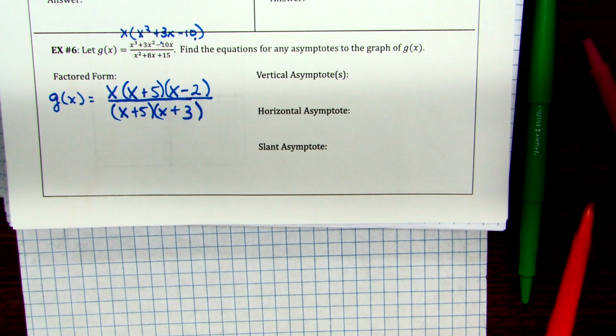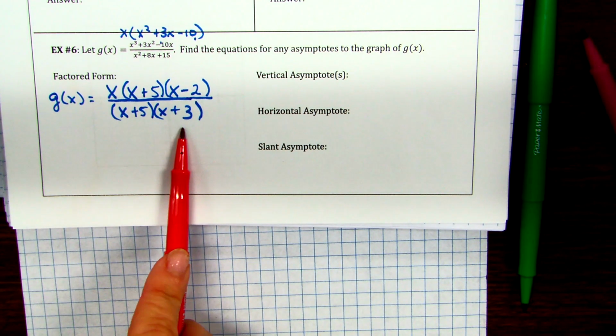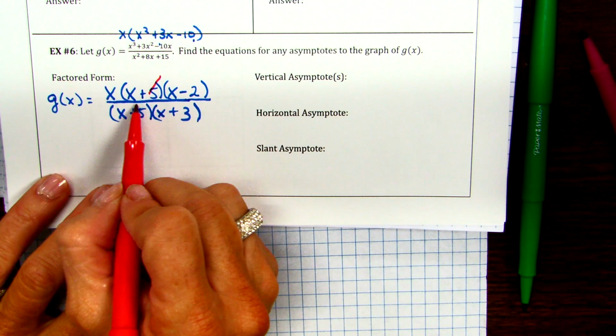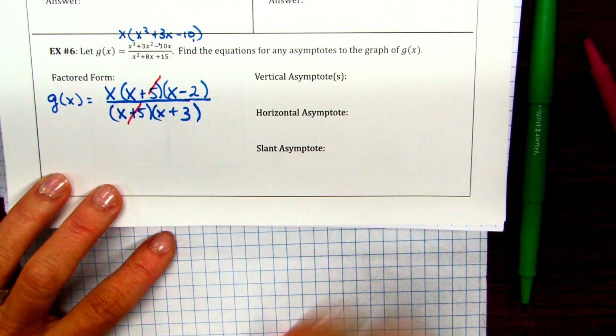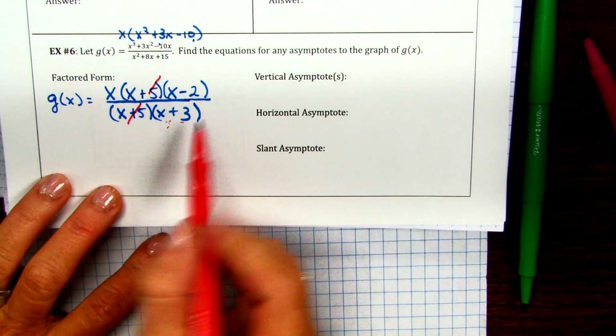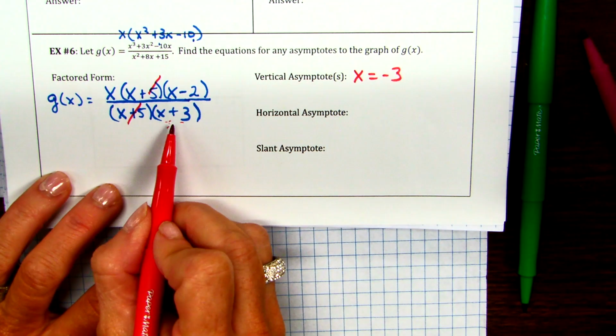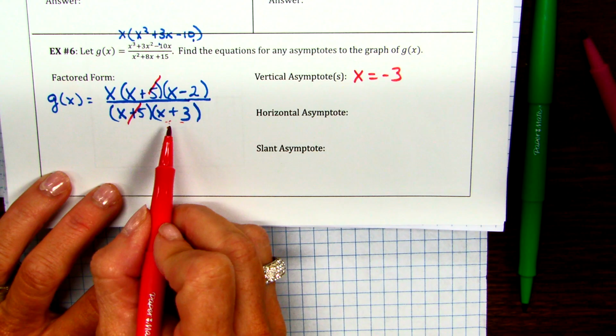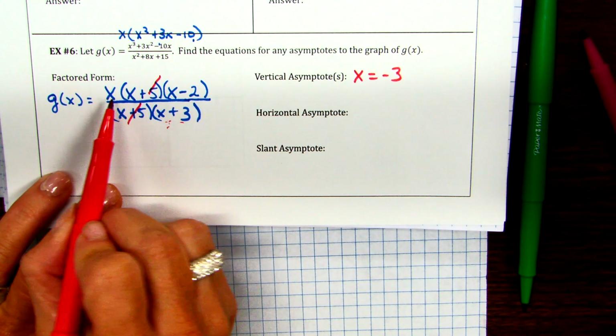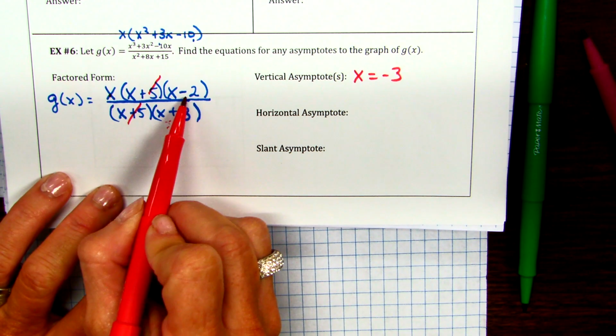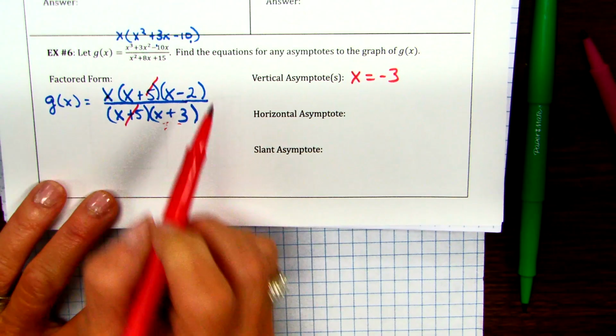Okay, we know x can't be -5 or -3. We'll have a hole at -5, but it didn't ask for that. Okay, fine. But we did ask for a vertical asymptote. You're a vertical asymptote if you're left in the denominator. Just a side note, we would have two zeros, right? A zero at 0 and a zero at 2 if we were graphing this or something.